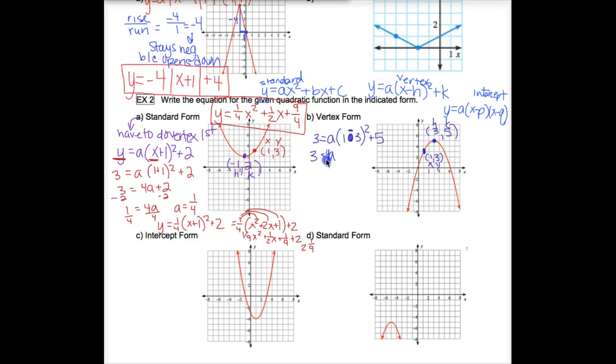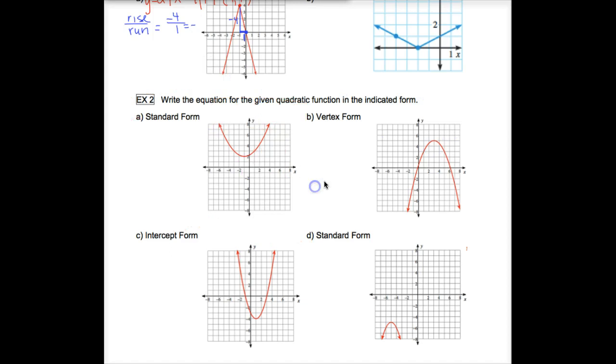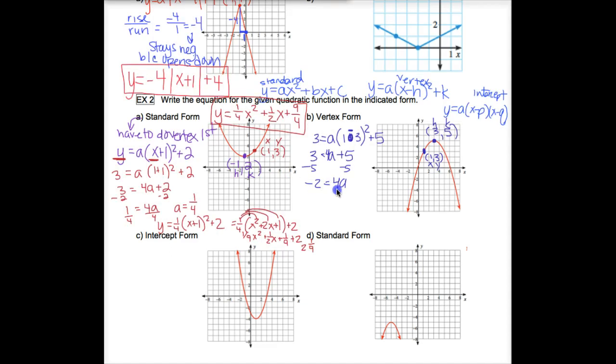So I've got 3 equals 4a plus 5. So subtract the 5 on both sides. Negative 2 equals 4a. Divide by 4. a equals negative 1/2. And again, because it says vertex form, that means all I need to do here is plug in that a to (x minus 3) squared plus 5, and I am done. There is my equation.